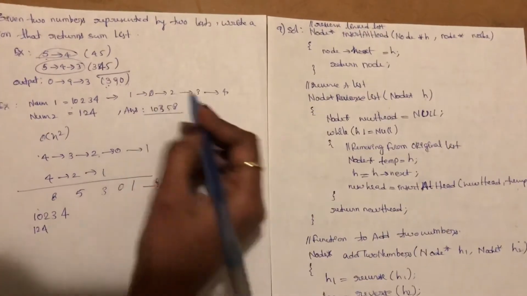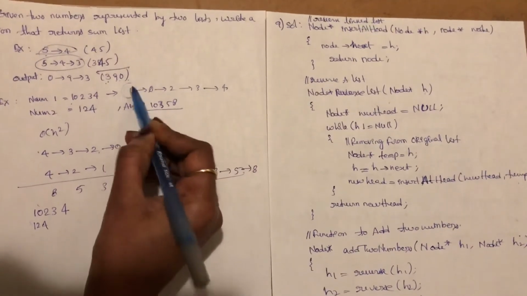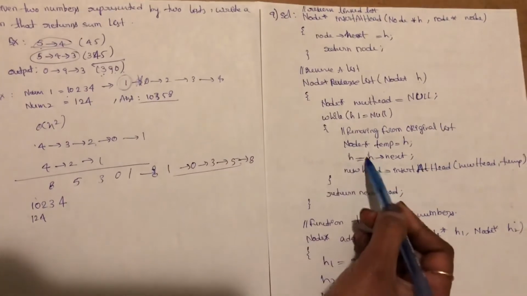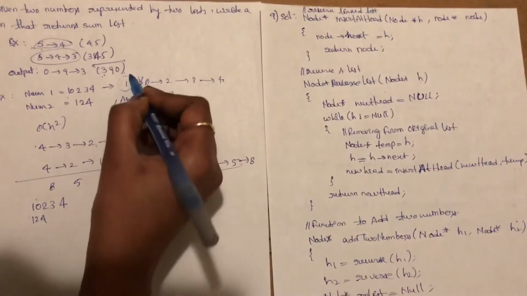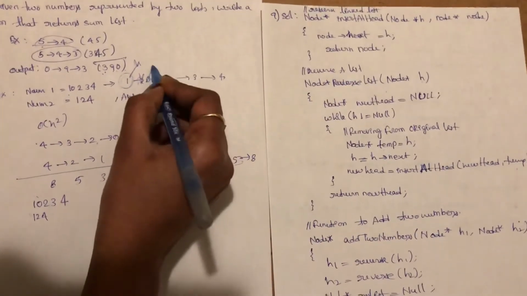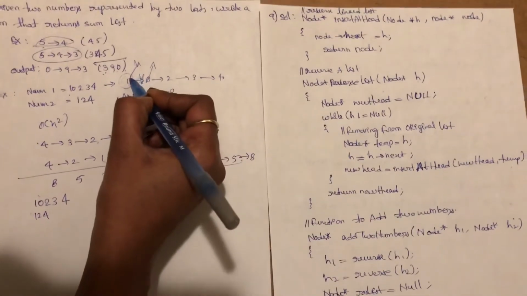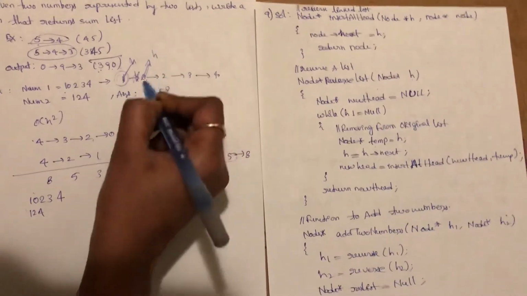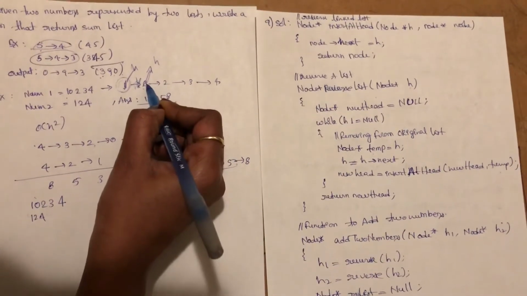Before removing that, we have to remove this link and save this link into h next. This is the head and this is h next. So we save this h into a temporary value, and this will become h, and then this temporary value becomes h next.